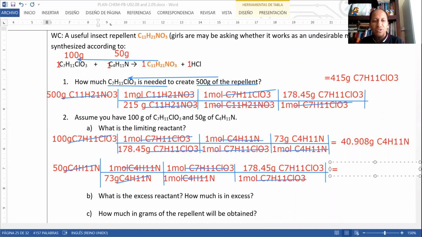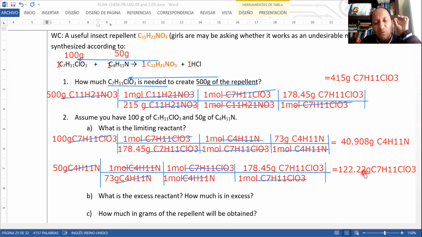You insert all of those values: you put 50 times 178.45, and all of that divided by 73 is going to give you 122.22 grams of C7H11ClO3. See that? If you want to use all of the 50 grams of the second compound, you need 122 grams from the first compound.